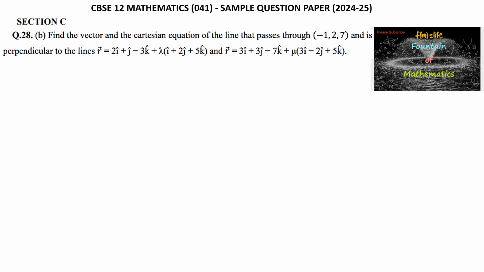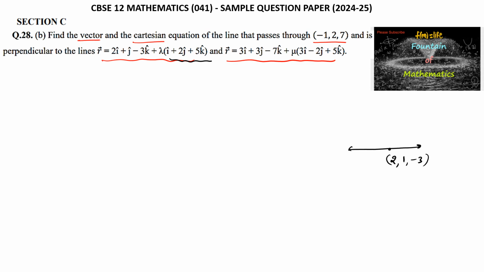We need to find the vector and Cartesian equation of the line that passes through (−1, 2, 7) and is perpendicular to both the lines given. So here are two lines. Let us consider one line which is passing through the point (2, 1, −3) and having the direction ratios 1, 2, 4.